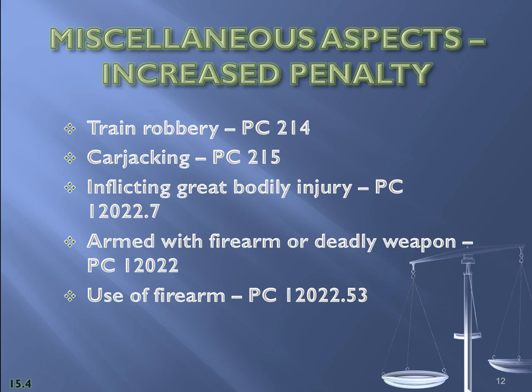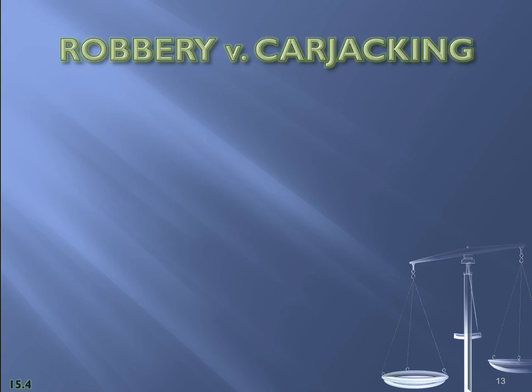The reason is because you can tell by reading the code here that the additional penalties, the increased penalties, are very severe when you use a firearm to commit a robbery. So you can definitely tell that.